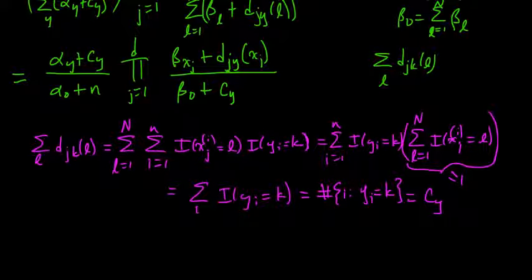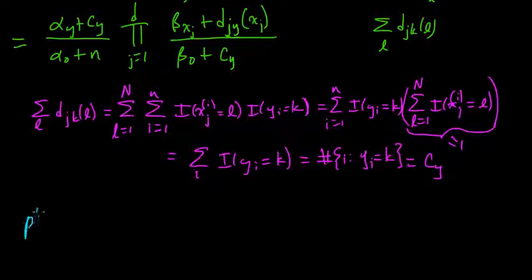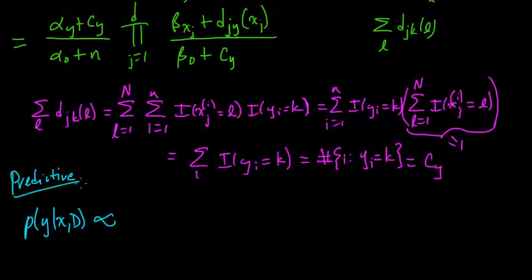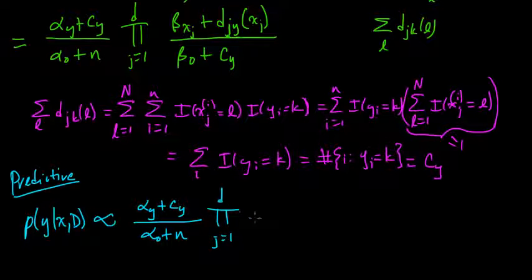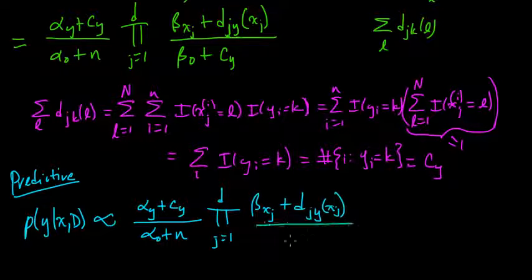The posterior predictive distribution is proportional to alpha y plus cy divided by alpha 0 plus n, times the product over j from 1 to d of beta xj plus djy of xj divided by beta 0 plus cy.